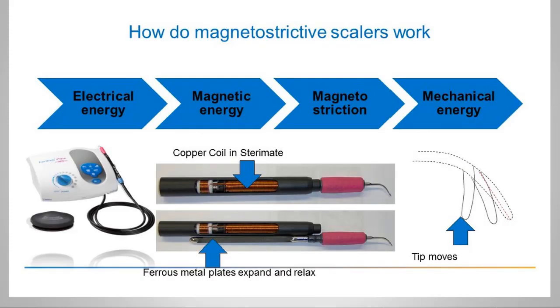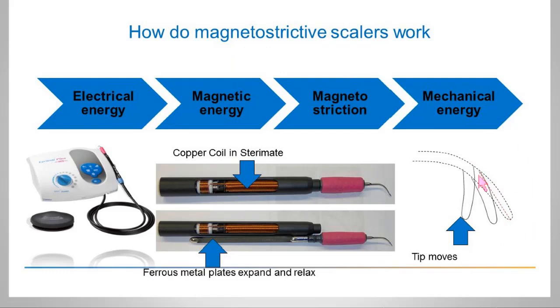So how do magnetostrictive scalers work? Magnetostriction is defined as the changing of a material's physical dimension in response to changes in magnetization. In other words, a magnetostrictive material will change shape when it is subjected to a magnetic field. So in an instrument such as a power scaler, we have the electrical energy converted into magnetic energy, which creates the magnetostriction and the mechanical energy.